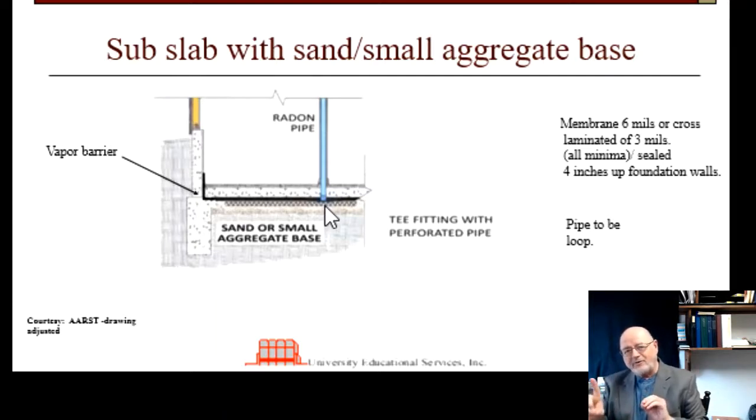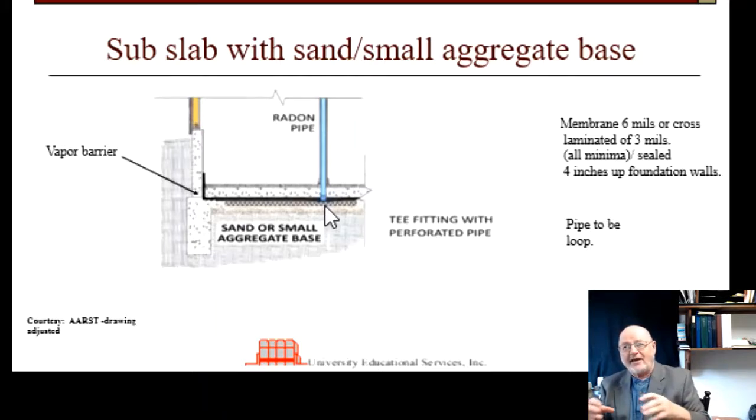The reason we put the pipe all the way around the inside perimeter of the foundation is because the radon won't be able to get from, say, 30 feet away over to the pipe or the T. If all we had was 5 feet of pipe, it'll have a hard time getting that whole distance to the pipe.